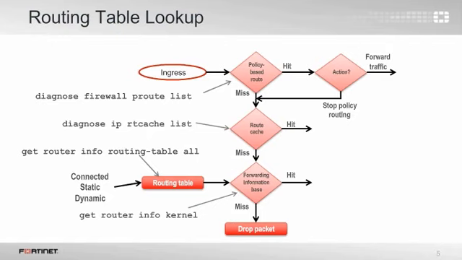If there is a match in a policy route and the action is forward traffic, FortiGate routes the packet accordingly. If the action is stop policy routing, FortiGate goes to the next table, which is the route cache. You can view that content using the CLI command diagnose ip rtcache list.